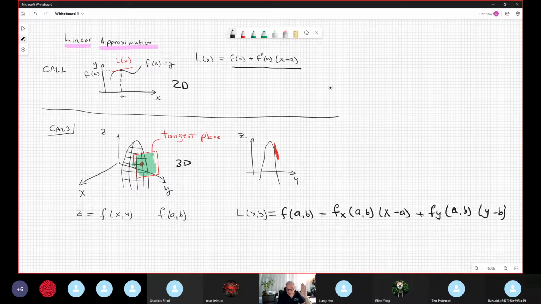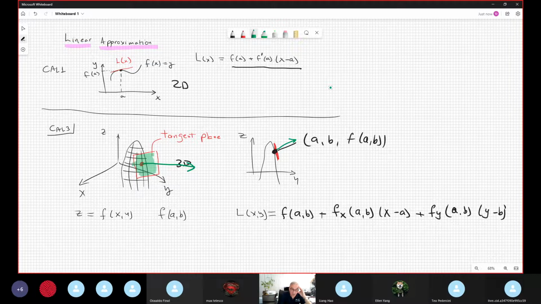Where do I come from? This one, okay, I know 3D geometry very well. Basically, the only thing I need is a point. Okay, the point is (a, b, f(a, b)), so x, y, and z, and the normal vector. Sorry, a normal vector is a vector that is completely perpendicular to the plane, no?